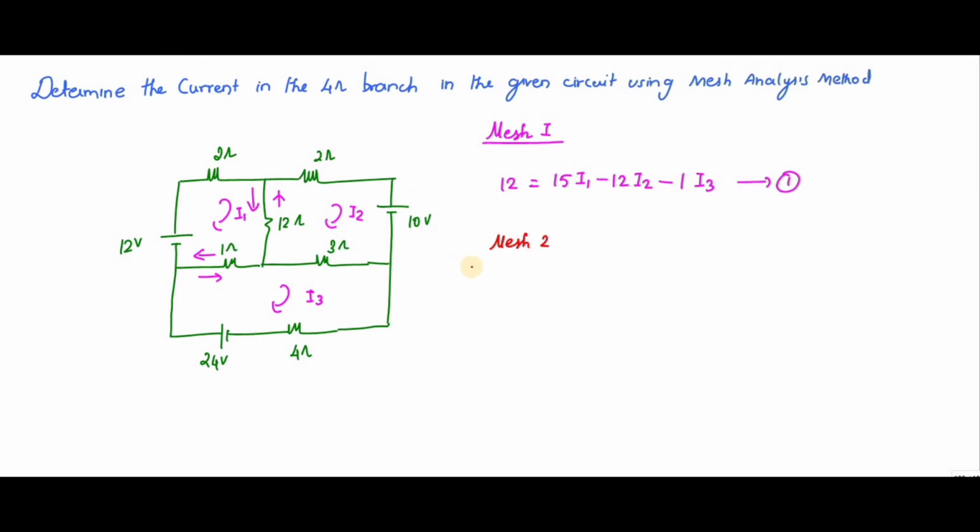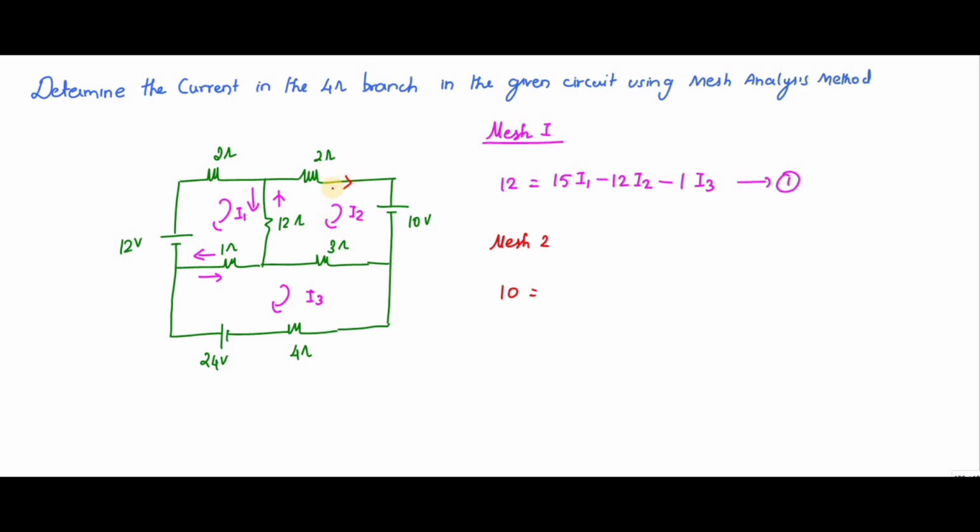Next, mesh 2. Let me start with 10. So 10 is equal to, you can see the current I2 is flowing in the opposite direction.